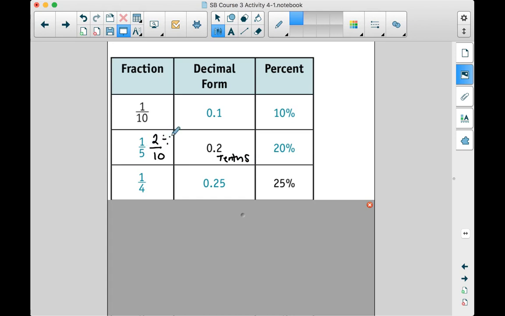You would factor out 2 and factor out 2, which would give you 1 and 5. Same thing here. If you had 25 over 100, because the second place is the 100ths place, this time you could factor out 25. Just think of it as quarters. If there's 100 cents in a dollar, a quarter of that is 1/4.